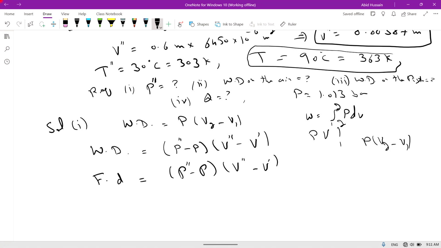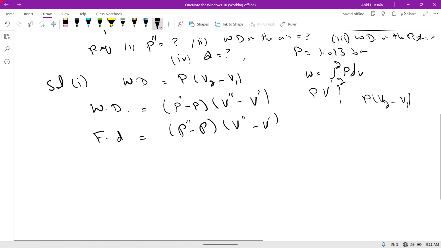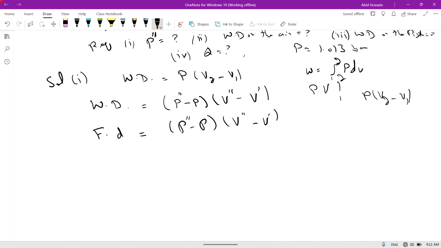The weight of the piston is 100 Newton, given to us. Displacement of the piston is 0.6 meter. P double dash is required, and P is atmospheric pressure. Atmospheric pressure is 1.013 bar, which is 1.013 multiplied by 10 power 5 Newton per square meter, into V double dash.